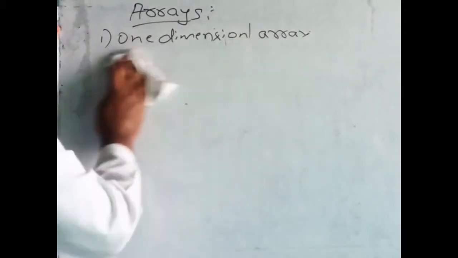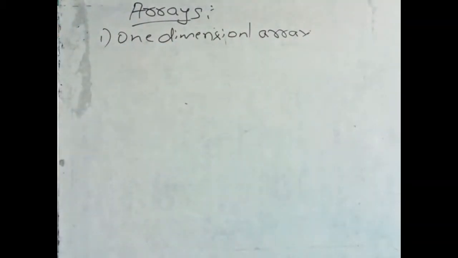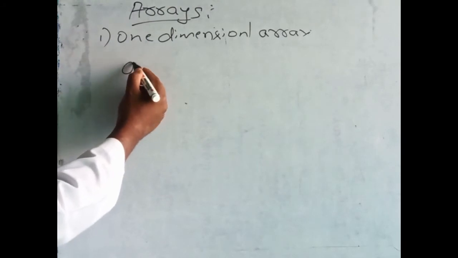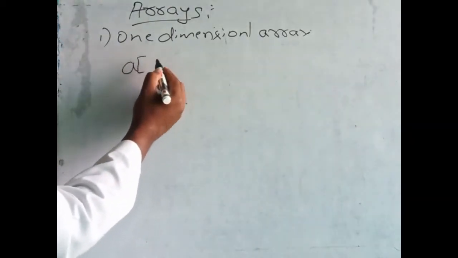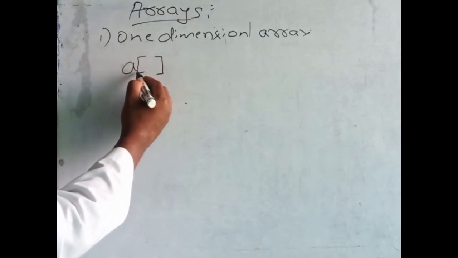What is meant by a one-dimensional array? A one-dimensional array means it contains only one subscript. For example, A is an array. To represent this array, we use a subscript, the square bracket.